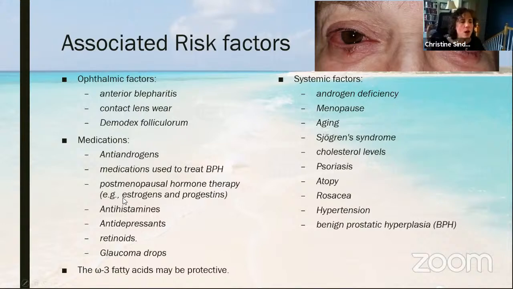Other things that we should look at when we work up our patients are things like androgens or hormonal therapies that are associated with certain conditions or aging. Antihistamines, we know, dry the eye out and can affect the meibomian gland. Antidepressants and glaucoma drops. Glaucoma drops are, in my practice, a significant factor.